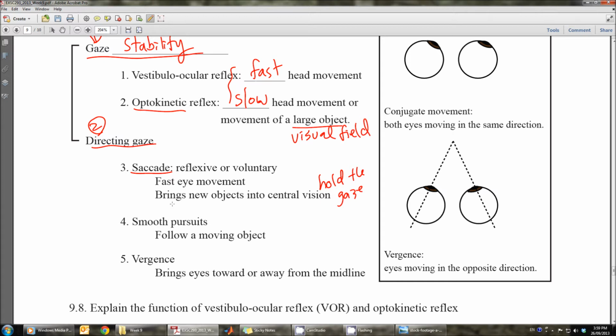There's another type of directing gaze, smooth pursuits, and this is following a moving object. So if you follow my cursor, then you're using the smooth pursuit eye movement. This cursor is moving left to right, and that's your smooth pursuit eye movement.